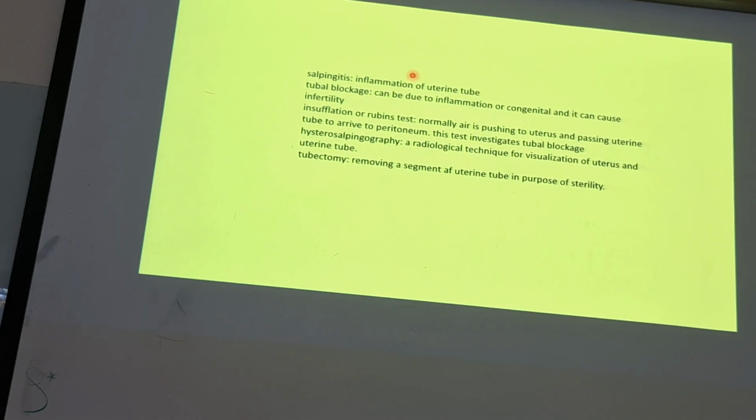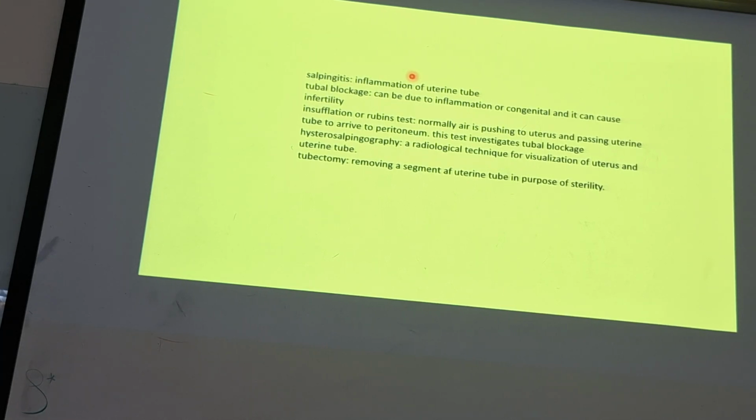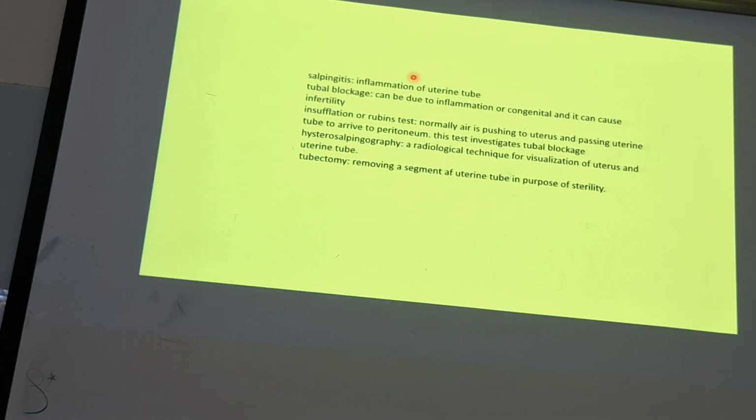After arriving to the uterus, it arrives to the oviduct, and you can hear the whizzing sound in the peritoneal cavity. You know that the peritoneal cavity in the man is completely closed, but in the woman, the peritoneal cavity is not completely closed, okay?